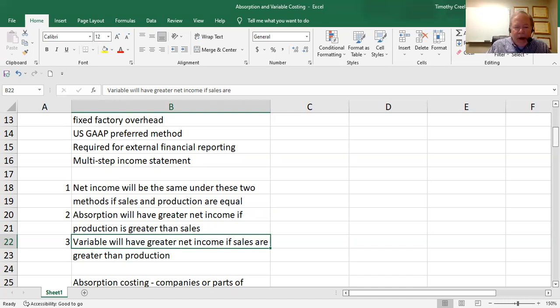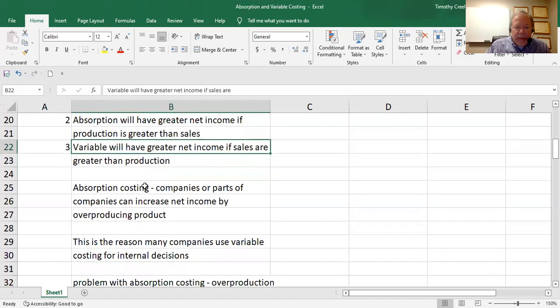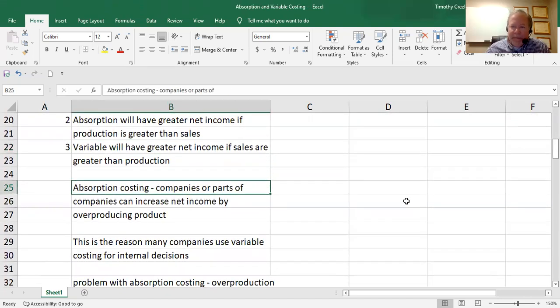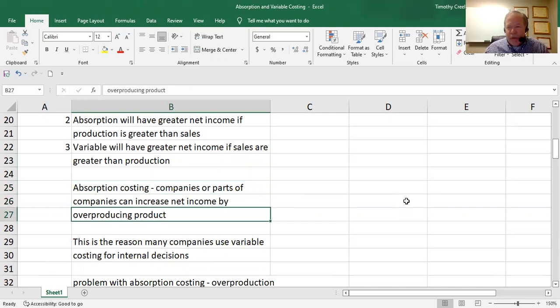So a couple of comments from that. Absorption costing, and this is probably the biggest weakness of absorption costing, is that companies or parts of companies can increase net income by overproducing the product.